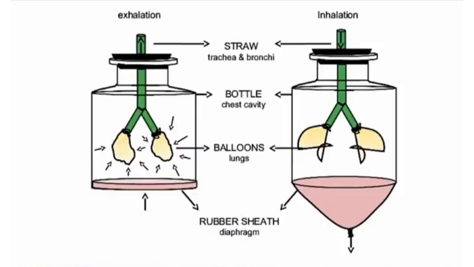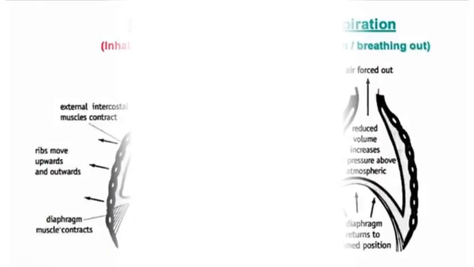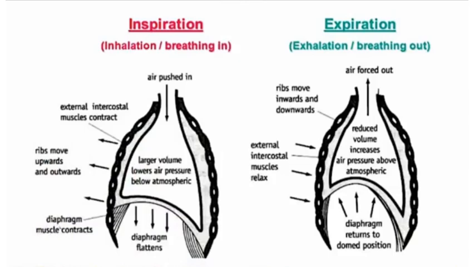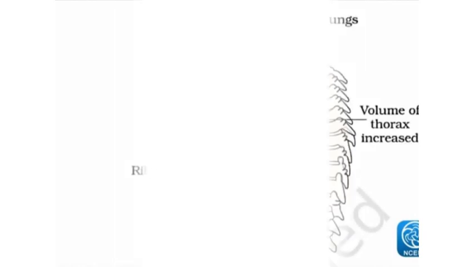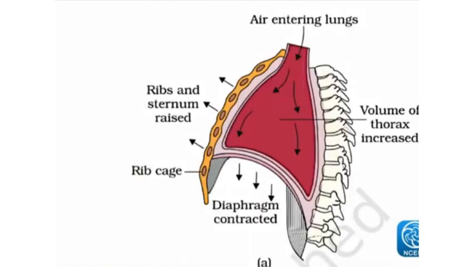Okay, now air enters, as we have already discussed, and it is called inspiration. Now what are the changes? There are stepwise changes, and this is generally asked in the examination, and you have to make notes on it. In inhalation, what are the changes? First of all, the internal intercostal muscles relax, the external muscles contract, and the rib cage moves upwards.